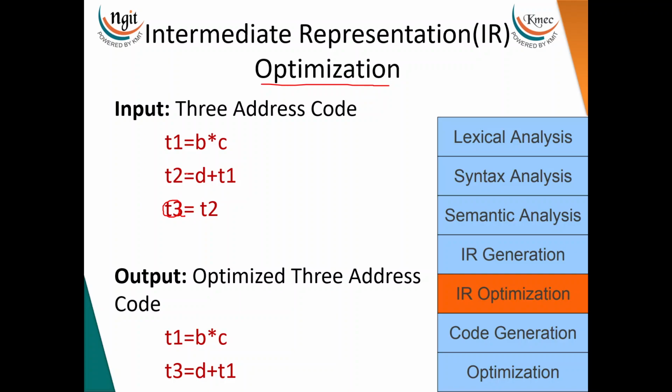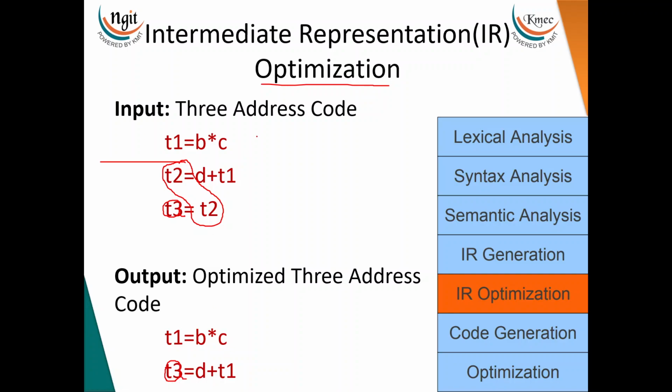Now see, we have to reduce the code either in terms of cost, space or time, but we should not disturb the three address code and we should not disturb the function of this. We are performing the addition and storing in T2, then immediately copying the T2 value to T3. So instead of these two, we can directly write A equivalent to D plus T1, where A is treated as T3.